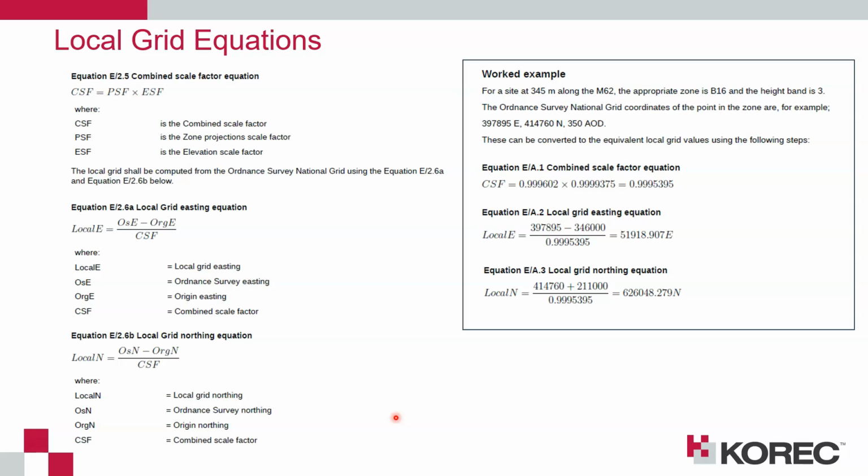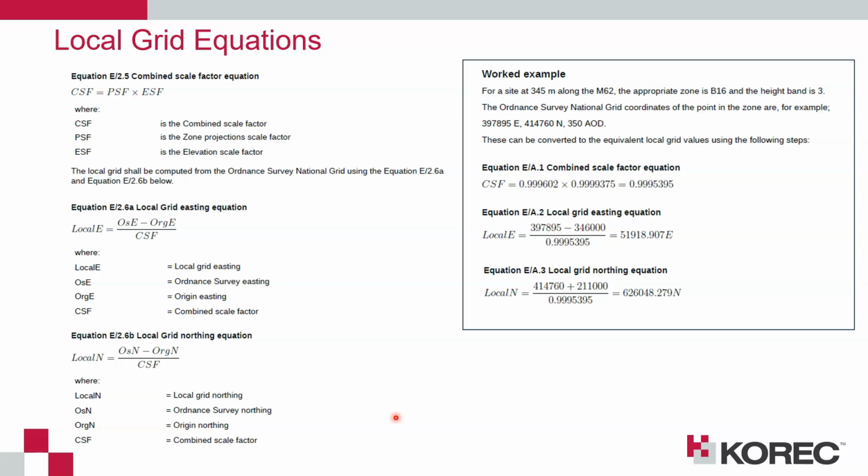A combined scale factor is computed by multiplying together the projection and elevation scale factors. A simple equation is then used to calculate the Highways England local grid zone Eastings and Northings using the offset described by the OS origin values and the combined scale factor.